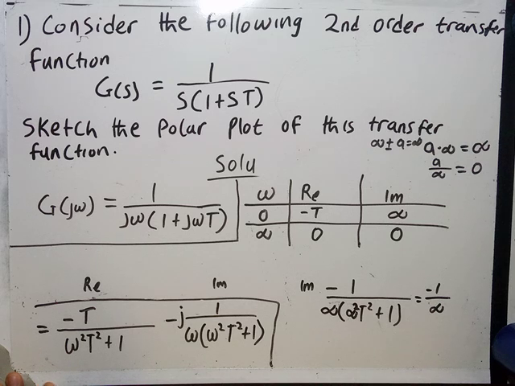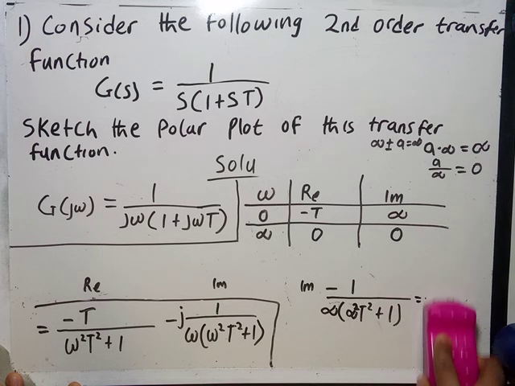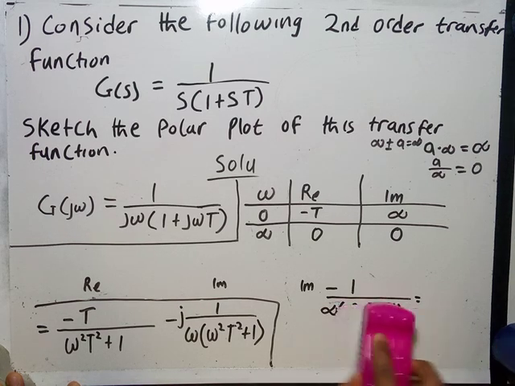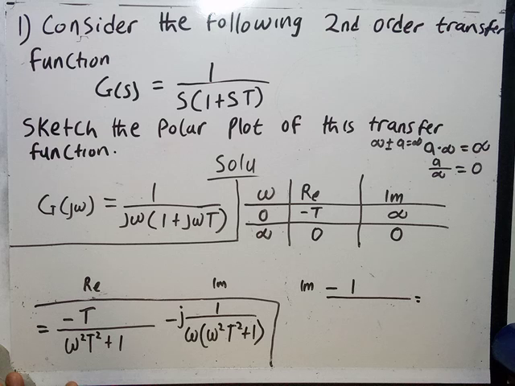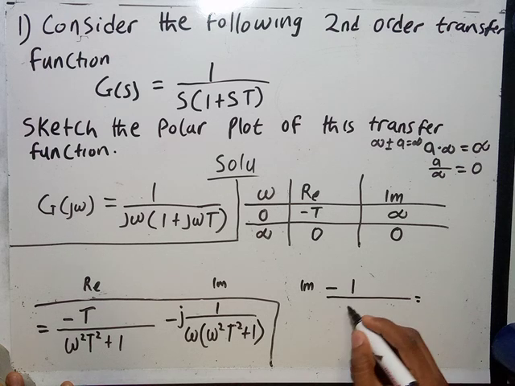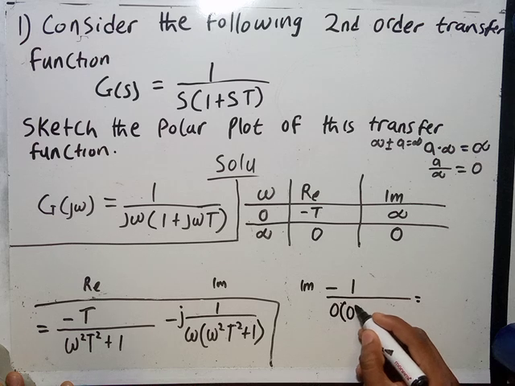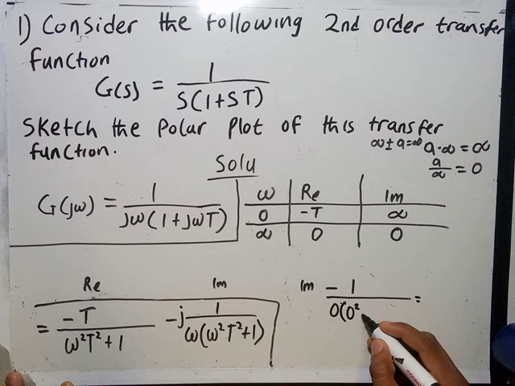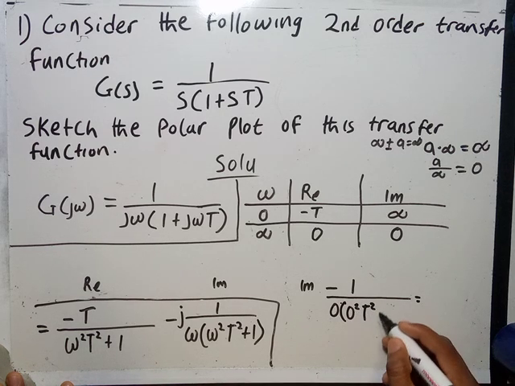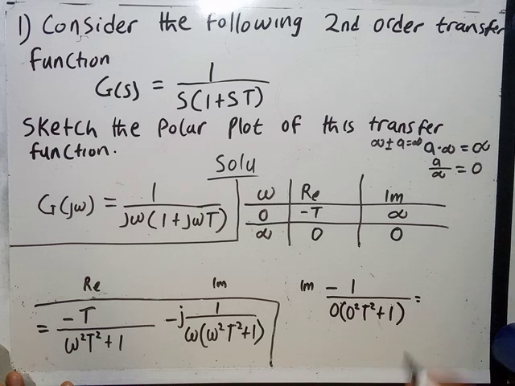Sorry, there's a mistake I made earlier. For the zero part, we are having 0 brackets 0 squared, c squared plus 1.